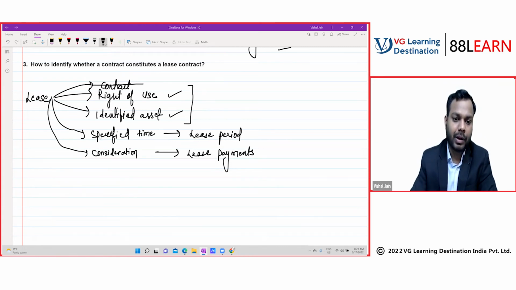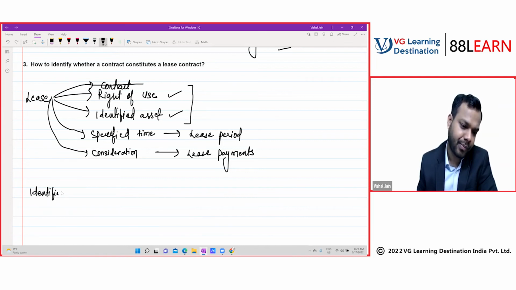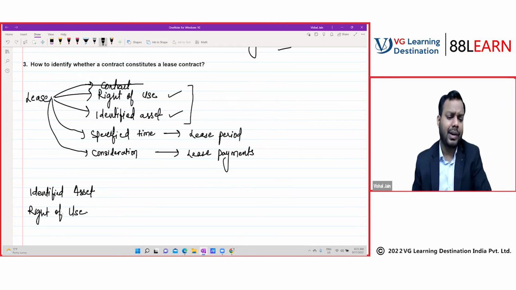So there are two things: identified asset and right of use. Identified asset, I'll explain.